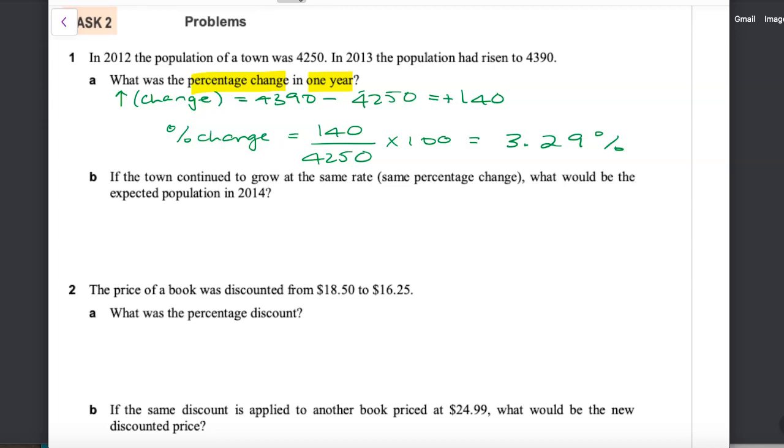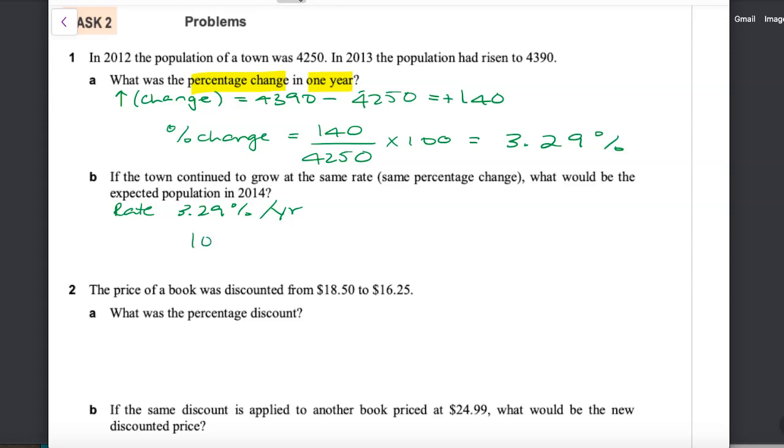Now, if the town continued to grow by the same rate, which means 3.29% per year, what would be the expected population in 2014? So this means we're going to increase our population. So we want 100% of what it was in 2013 plus 3.29% more.